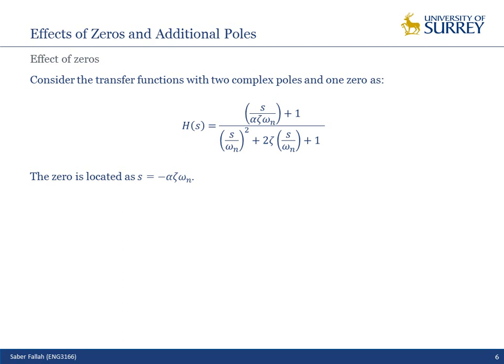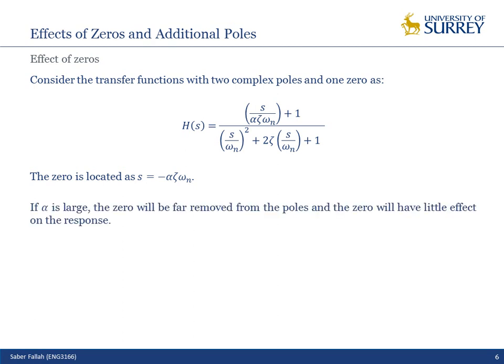For example, if I have alpha equal to 0, it means I have the zero at the origin. If I put alpha equal to 1, I have the zero at minus zeta omega n. So let's see how the location of this zero will affect the response of the system.